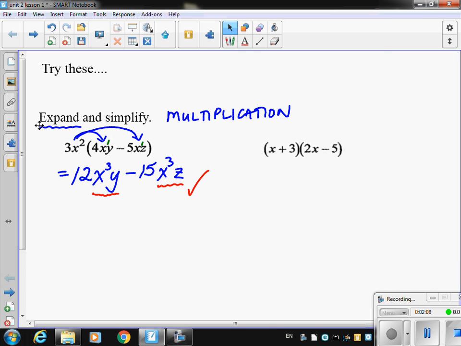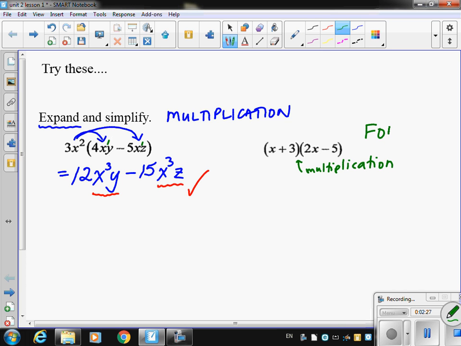Our second example is expand and simplify two binomials that I'm multiplying together. I can tell that it's multiplication because they're squished. When I am multiplying two binomials, when we worked on this last year, we had a little memory help that was FOIL. That helps us to remember that I'm multiplying four different things.